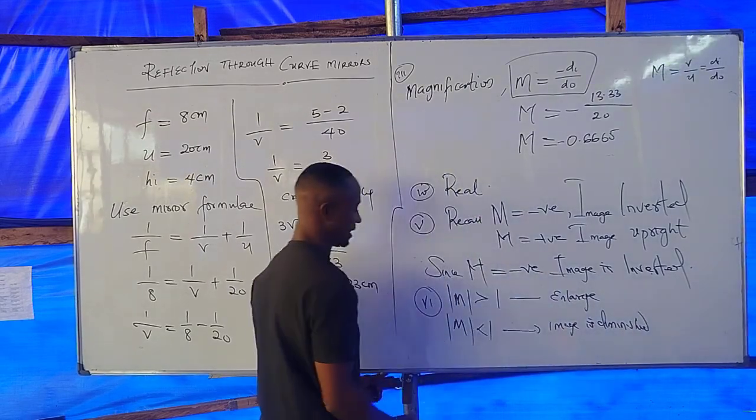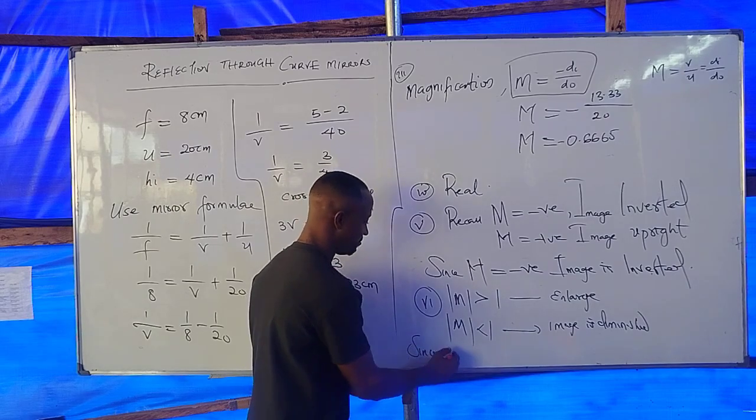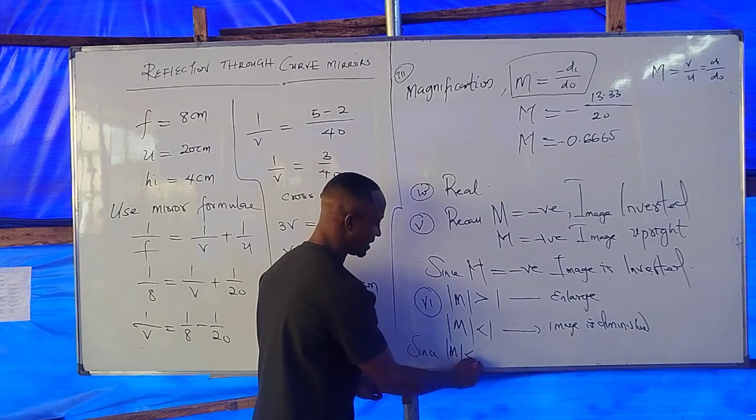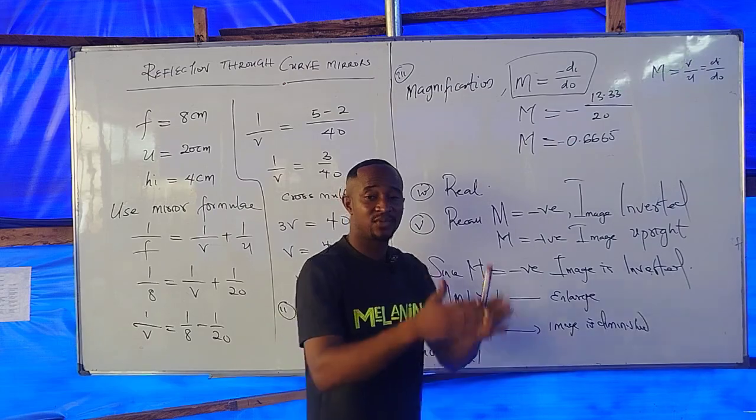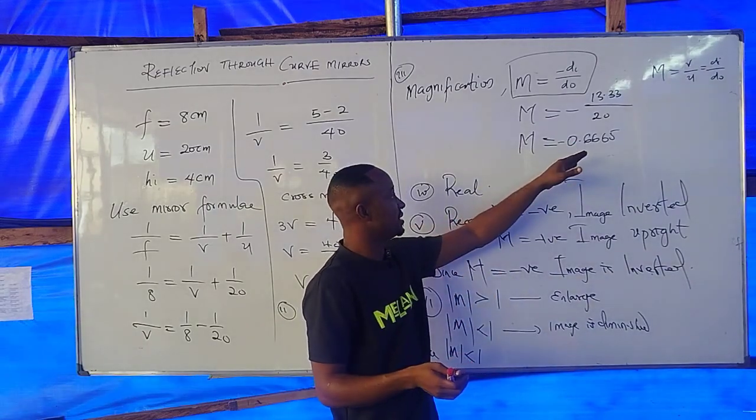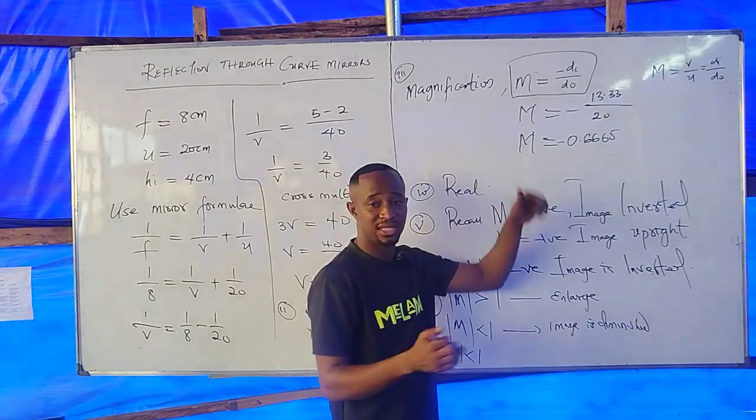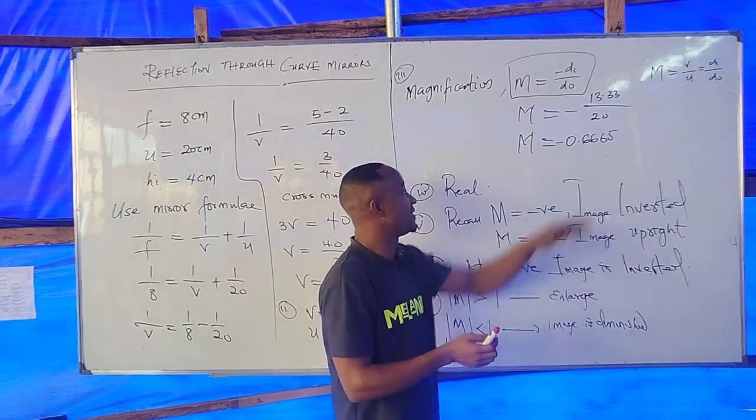Now what happened here is that the absolute value of magnification is less than 1. If I take the absolute value of minus 0.6665, it will be 0.6665, and this value is less than 1.